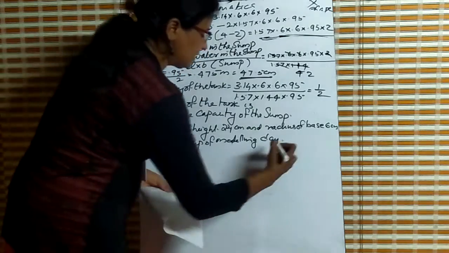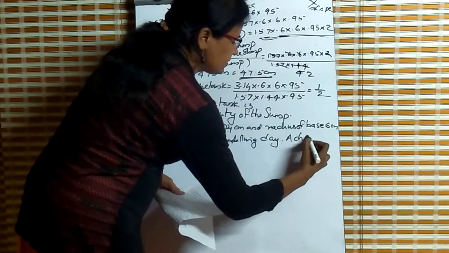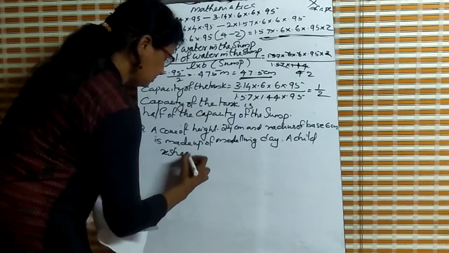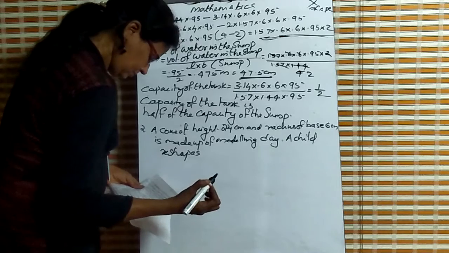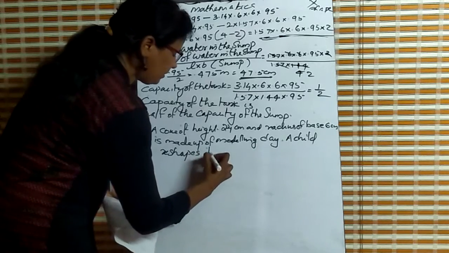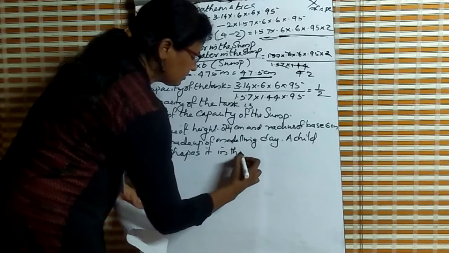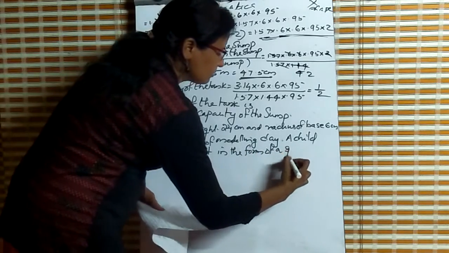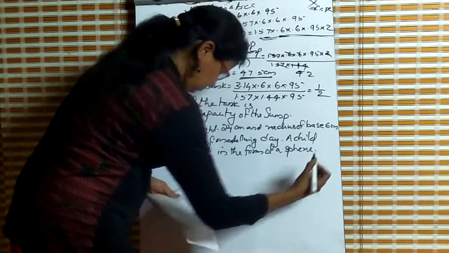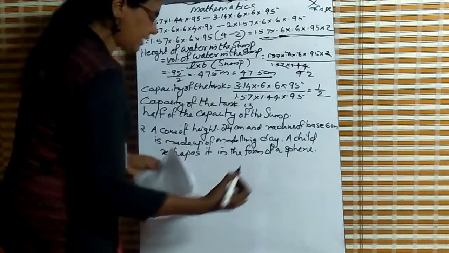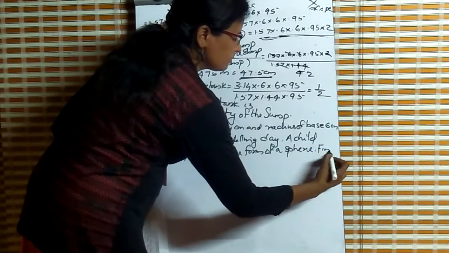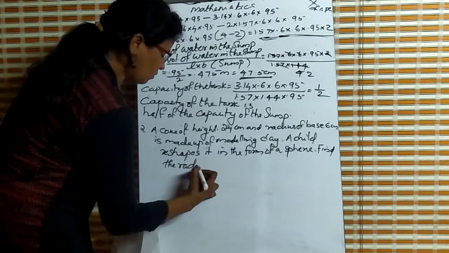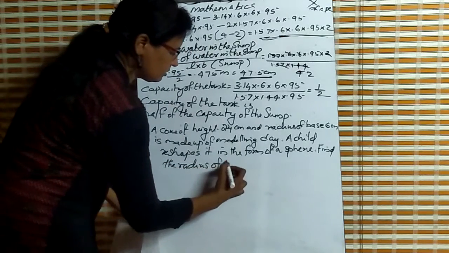A child reshapes it in the form of a sphere. Find the radius of the sphere.